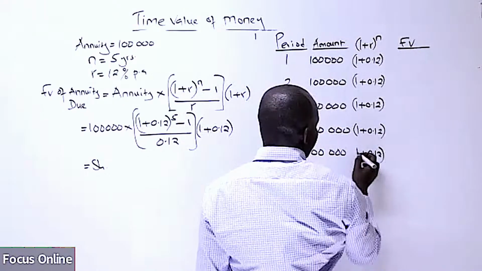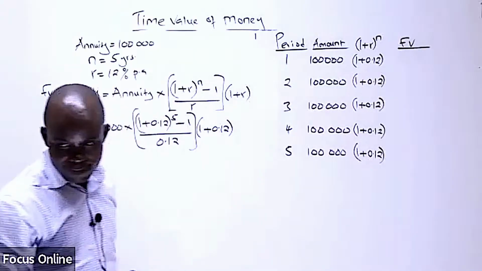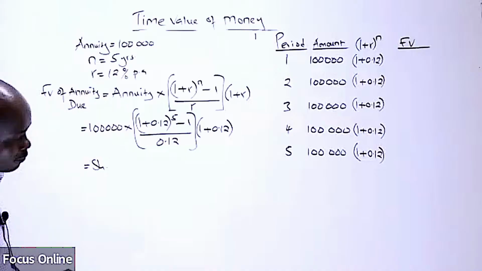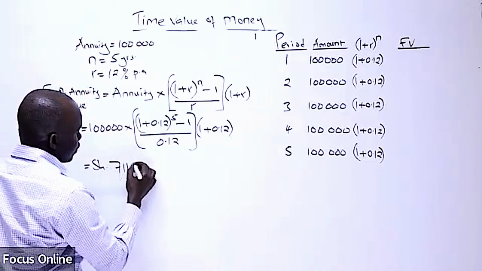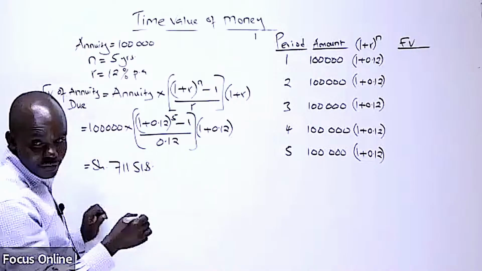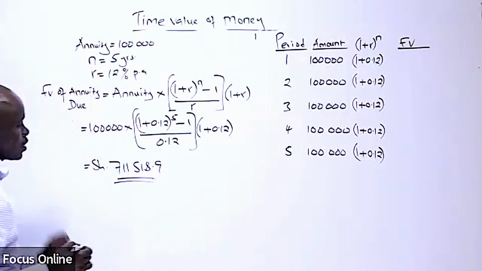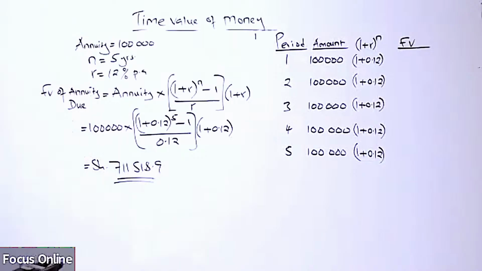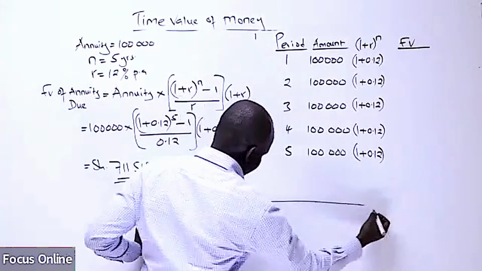So how much are you getting? 711,518.9. Now, using this method, we will have this.